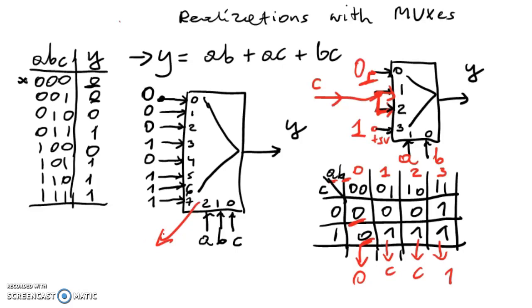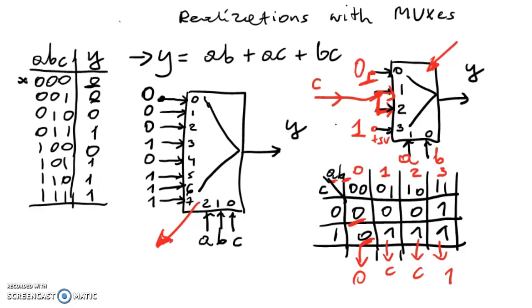You will construct the multiplexers, and you can compare the cost factor of this realization and the cost factor of the realization of this kind of multiplexer. So we have saved much by switching to the smaller ones.